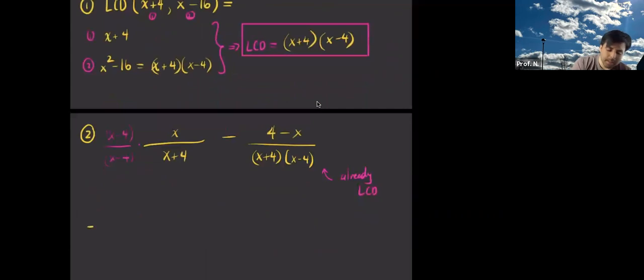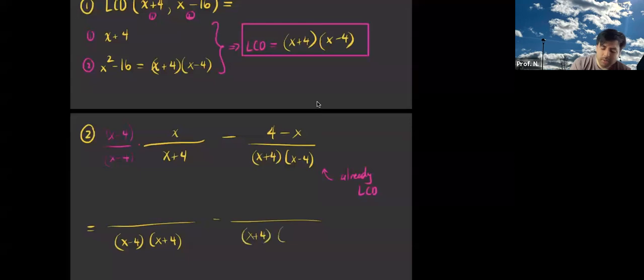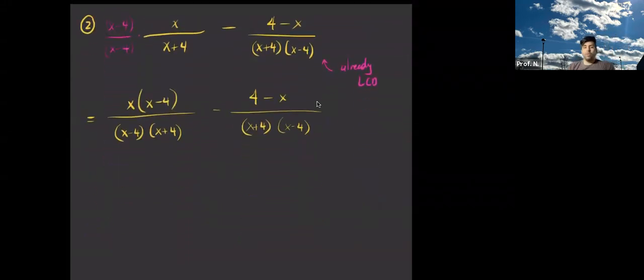So now when I multiply the denominators, I get x minus 4, x plus 4. I also had the same thing here, so now the denominators are the same. And then I have x times x minus 4. So I did number 2. And then step number 3 is what? Make the fractions into one single fraction with the same denominator.